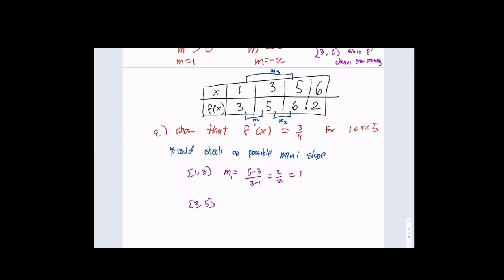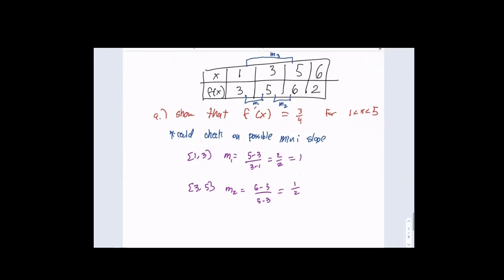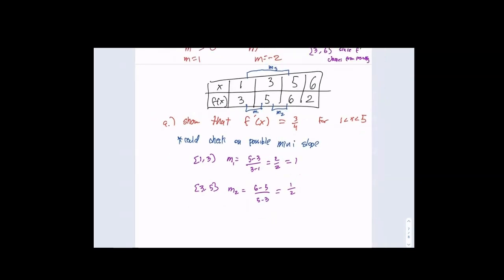From 3 to 5, I get M2, which is equal to (6 minus 5) over (5 minus 3), which is 1 over 2. So if I had said, prove to me that the slope was 1/2 somewhere on the interval, that's what it would have been. And if I look at the interval from 1 to 5, which again is what they gave me, that slope would be (6 minus 3) over (5 minus 1), which is 3 over 4.